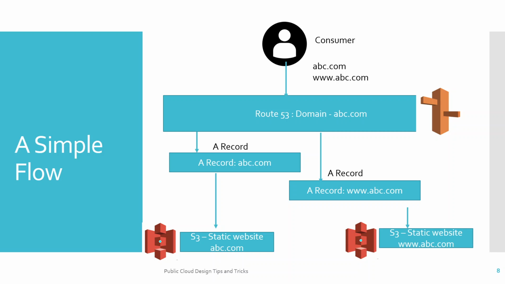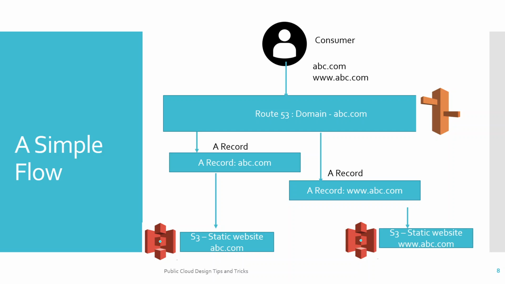Now if you try to create a user journey or user flow for the same example we have already discussed, it will look like this. There is a consumer who is trying to access a web application, using either the domain name abc.com or www.abc.com, through Route 53.